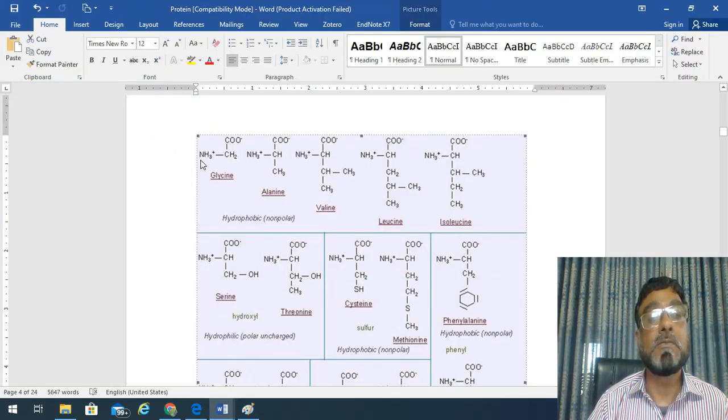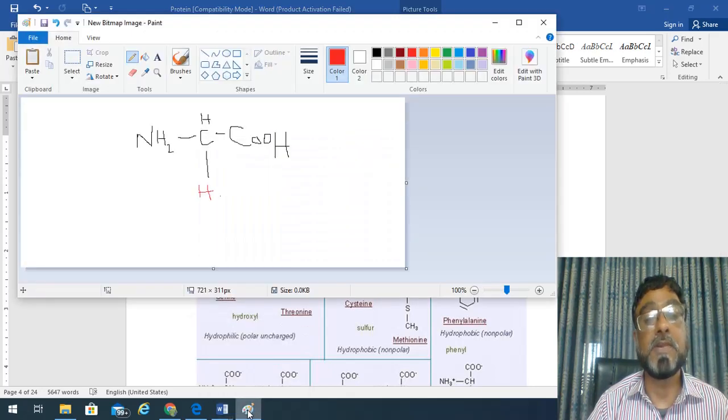In the hydrated form, we can write it as COO minus, NH3 plus, with H on one side and another H on the other. So this will be the glycine. It's non-polar, because this H does not contribute towards the polarity.